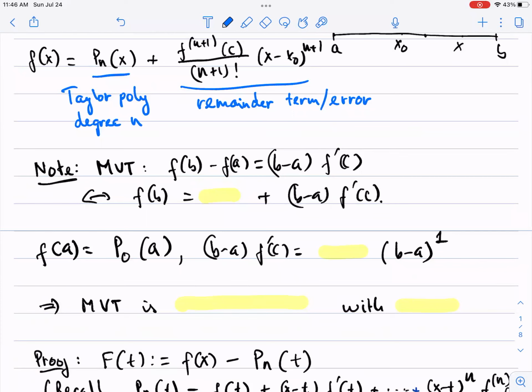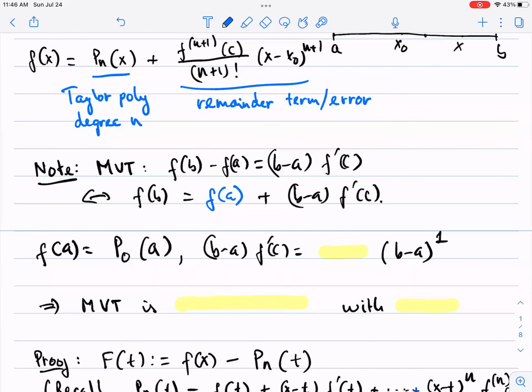Note that we can rewrite the mean value theorem in this way: f(b) minus f(a) equal to b minus a multiplied with f prime of c. That is, f(b) is equal to f(a) plus (b minus a) f prime of c. Then f(a) is essentially the Taylor polynomial of degree 0.